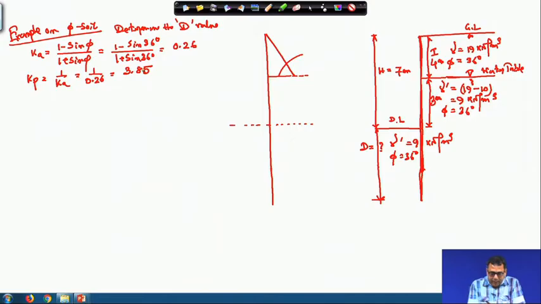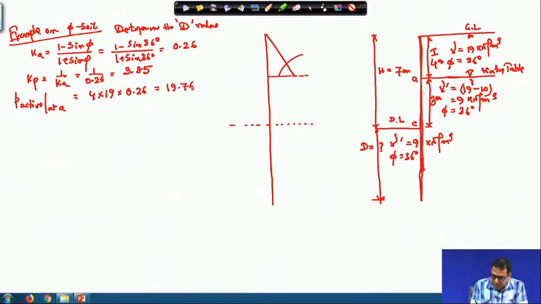Now the P active at A, if this is point A and this is point C, will be the height 4 meter into the unit weight 19 into Ka 0.26. The value is 19.76 kilonewton per meter square.